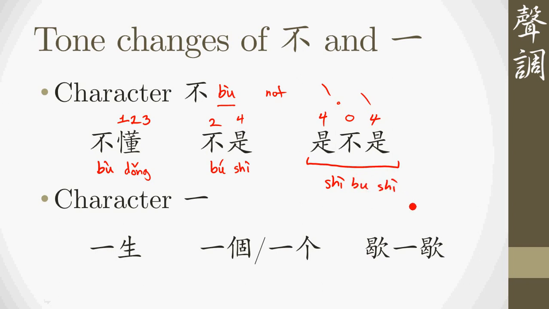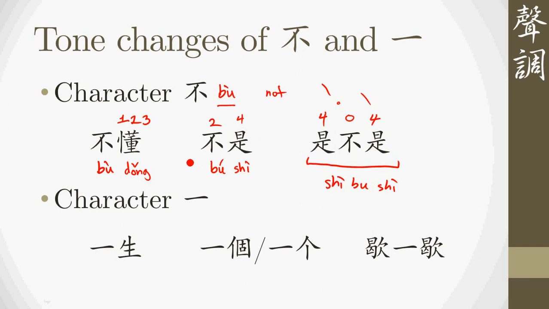This means is or is not, and it's used usually in a question. Like 你是不是中国人? Are you a Chinese person? So that's how this character changes tone.